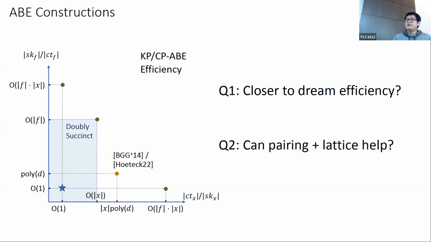And as mentioned before, the two approaches have their advantages and limitations. So we also ask if we can combine pairing and lattice techniques to help overcome those limitations.